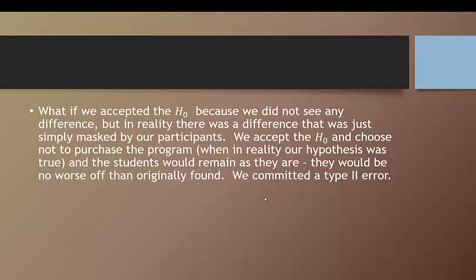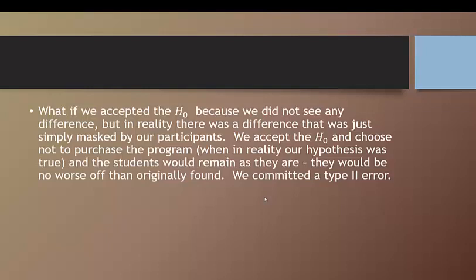Okay, what happened was we accepted our null hypothesis. We choose not to purchase the program because we did not see a difference, and the students are going to remain as they are. Okay, they will be no worse off than they were originally found. This is an example of a type 2 error.